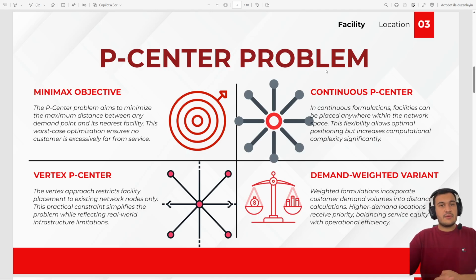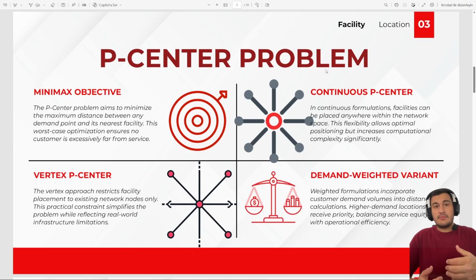The second type is the vertex P-center. This approach is more practical because it restricts facility placements to existing network nodes only, like specific cities or intersections. It simplifies the math and matches real-world infrastructure limitations.